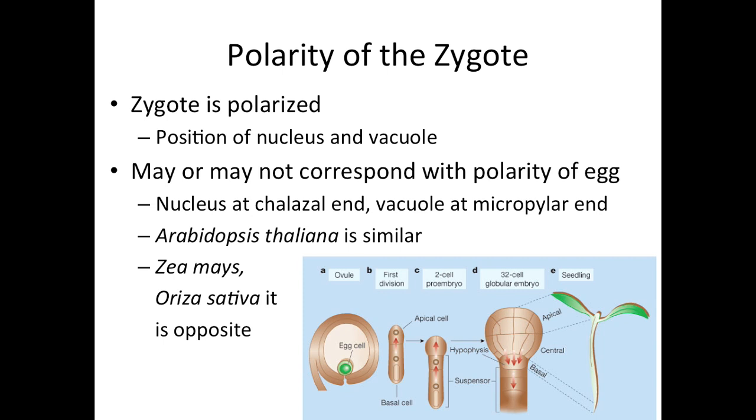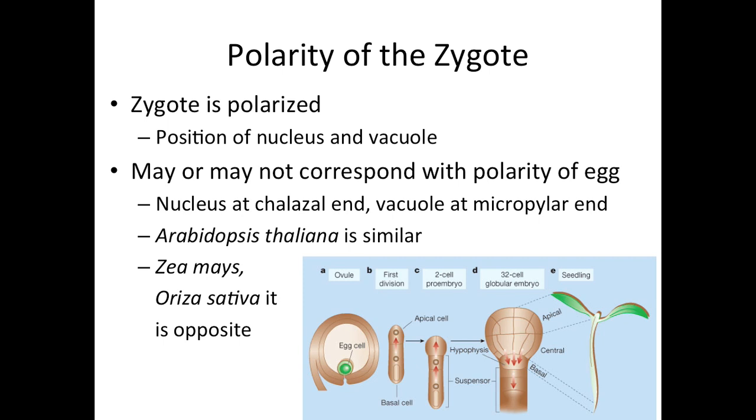So in the female gametophyte, we had the chalazial end and we had the micropylar end. And remember that the chalazial end was the closest point on the ovule to that vascular strand that runs through the funiculus. So the egg cell was located at the micropylar end, and the egg cell, once it gets fertilized, becomes the zygote.